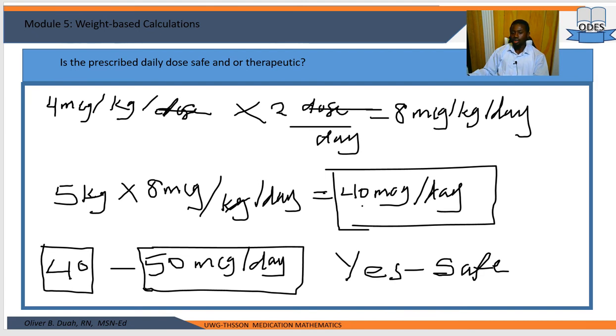And our daily dose, when we calculated, is 40 micrograms per day. And so this is also going to be therapeutic. So we will say yes, this medication is therapeutic.